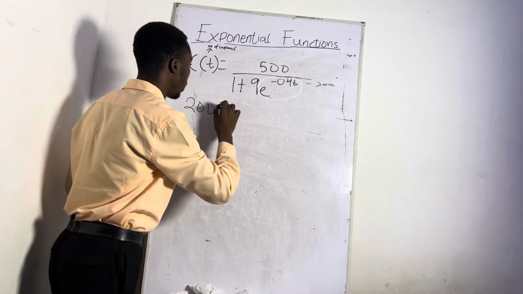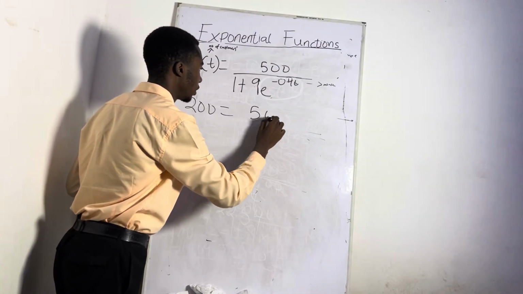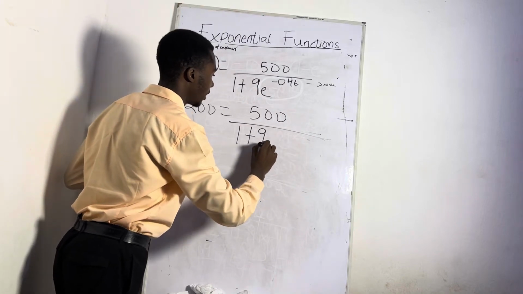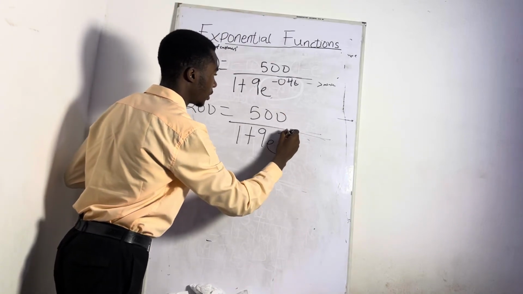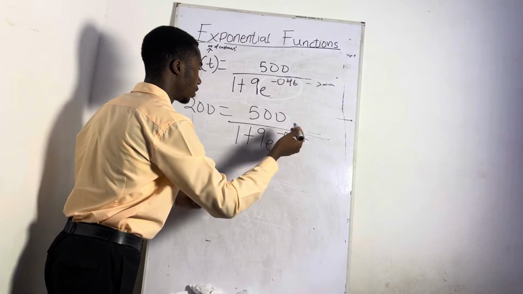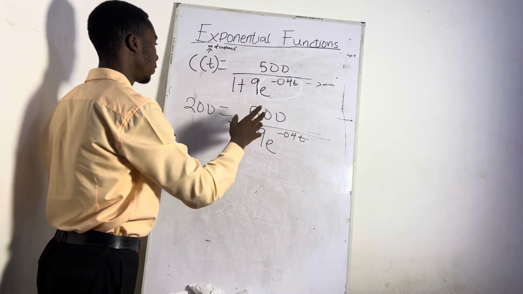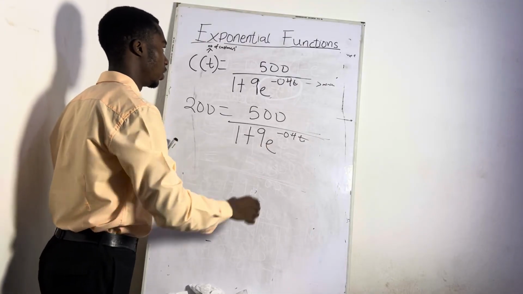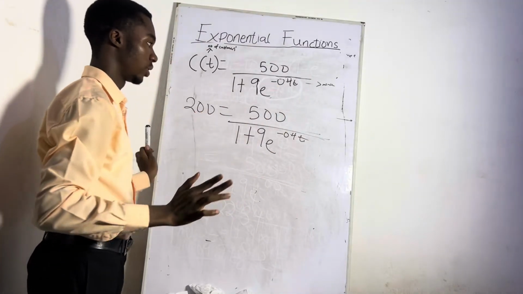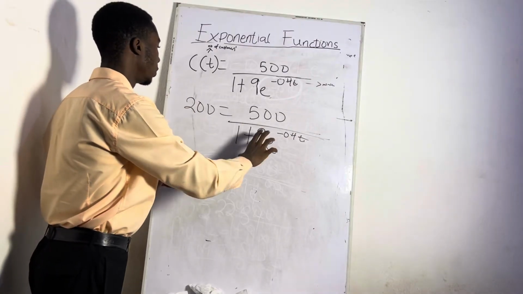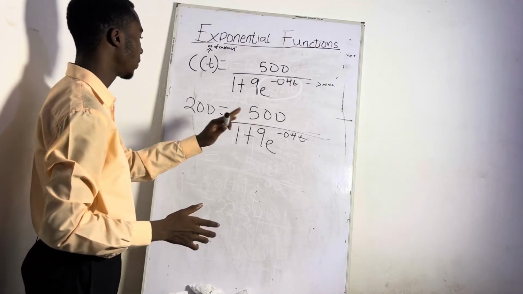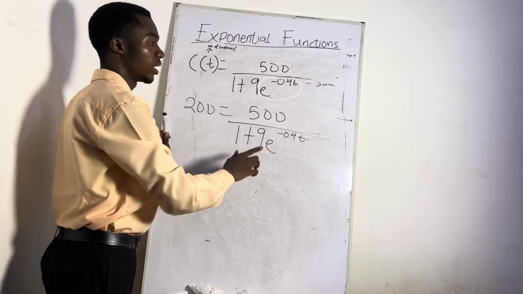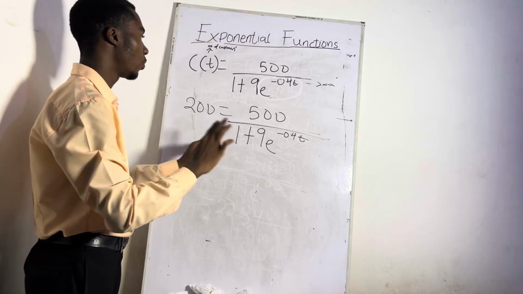So now you are getting 200 is equal to 500 over 1 plus 9e exponent negative 0.4t. So you are just equating this to 200. That's all. Now if you want to solve this, we can eliminate the fraction. You can multiply both sides by the denominator, which is 1 plus 9e exponent negative 0.4t, so we no more have a fraction.